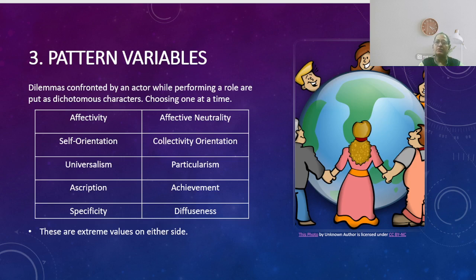Okay. Now next is universalism. You are following the universal standards or universal truths, whereas this time it is particularism. Okay. Now this is a particular interest, particular orientation, or particular calculation done by the actor. Now this is the ascription on the left hand side.